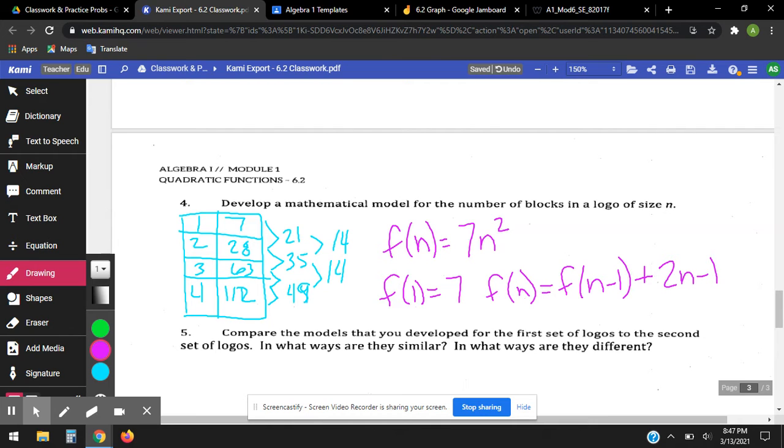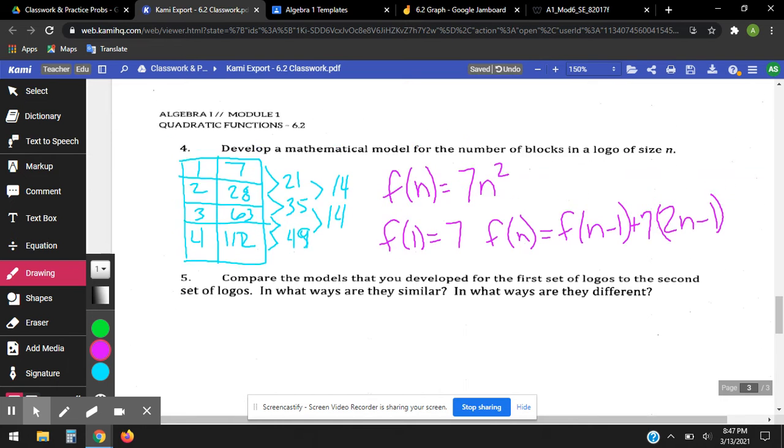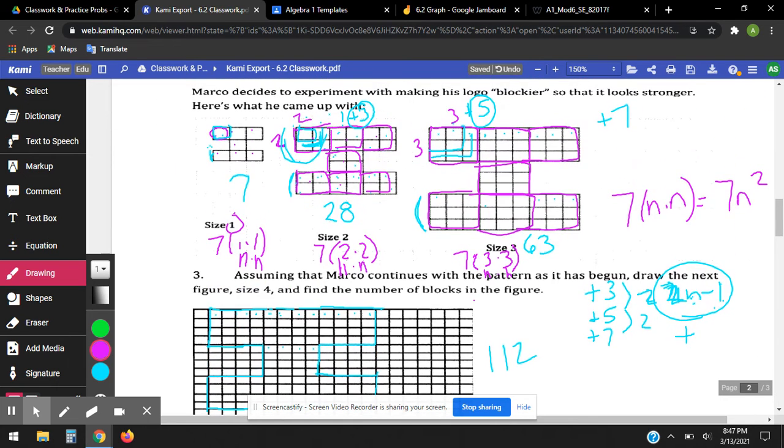And I have 7 of those, right? I'm doing that to 7 boxes. I'm not just doing it to this one box. I'm doing it 7 times. So I have to do this 7 times.